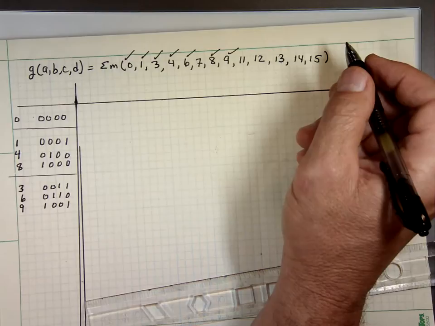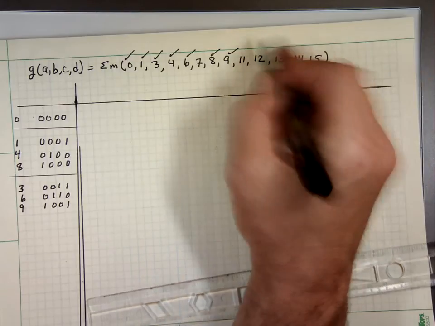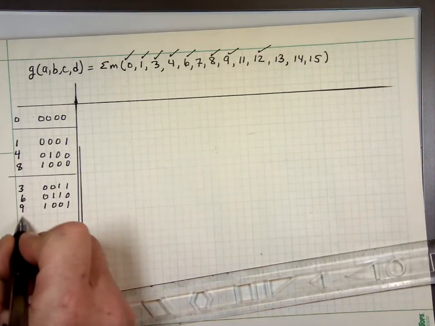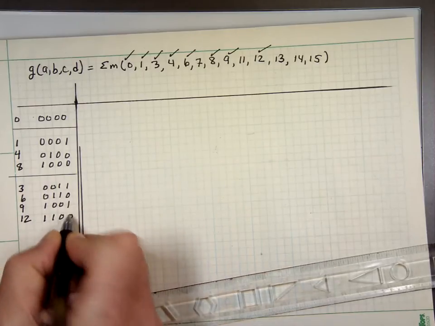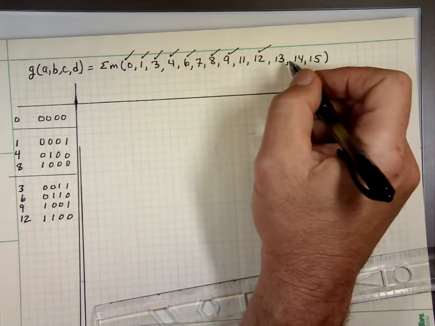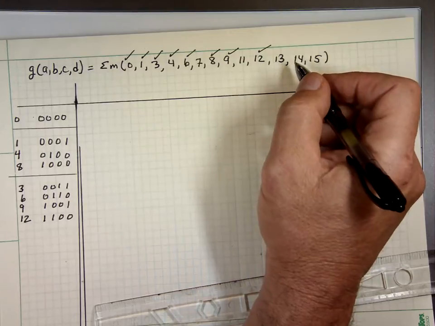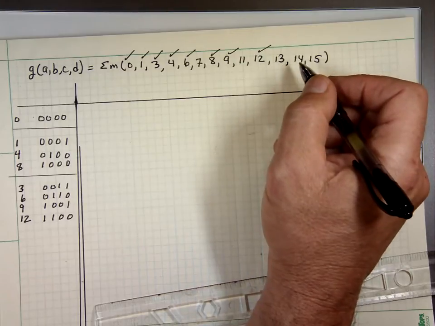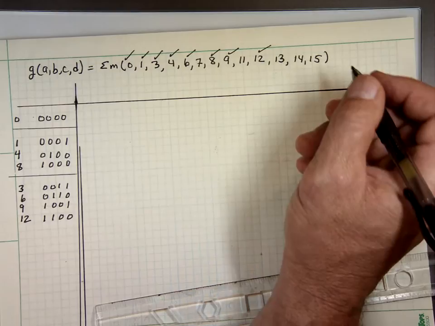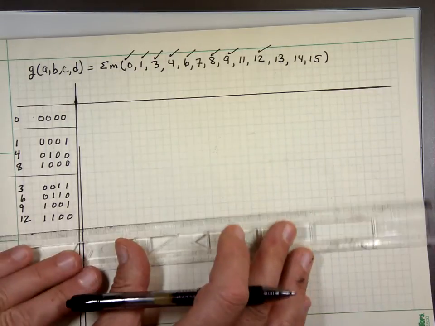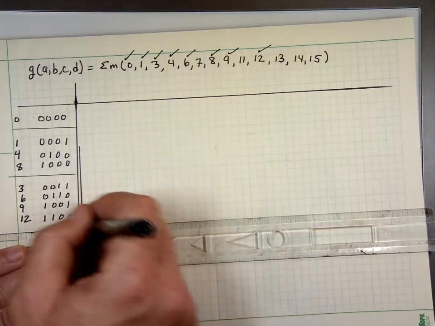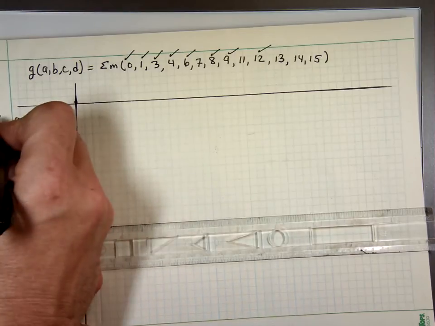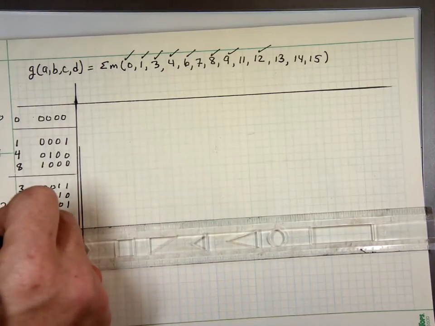No. 12, 8 and 4. 13, 14, and 15, no. So this is the 0 ones, the 1 ones, the 2 ones, now the 3 ones.